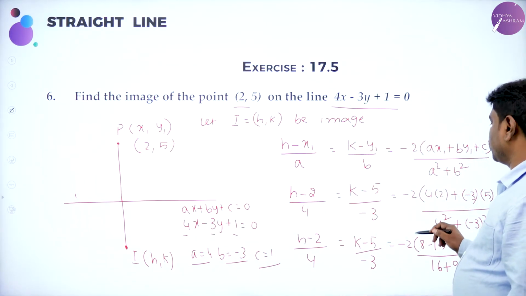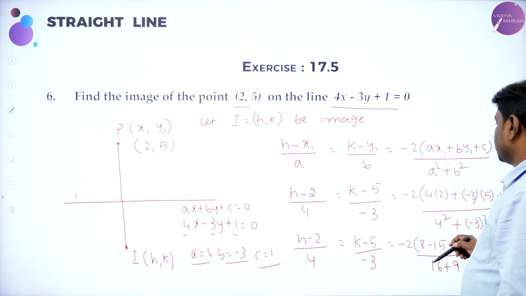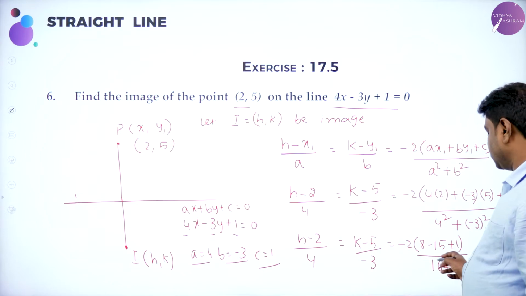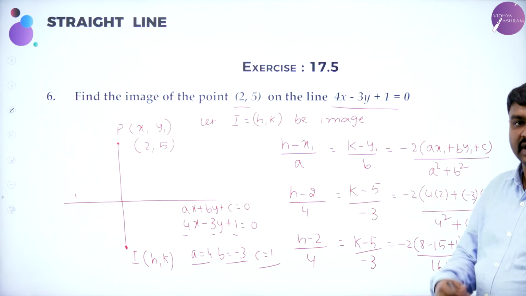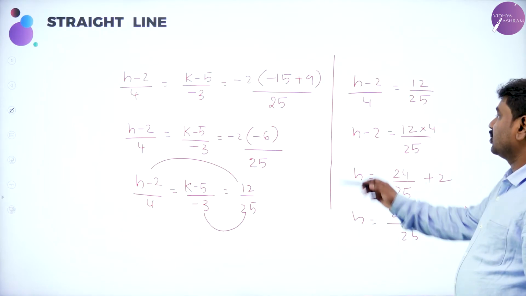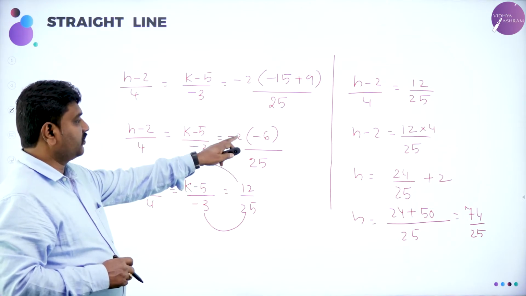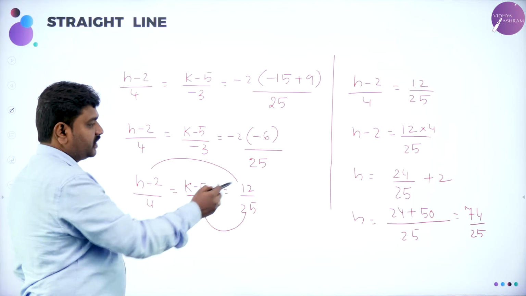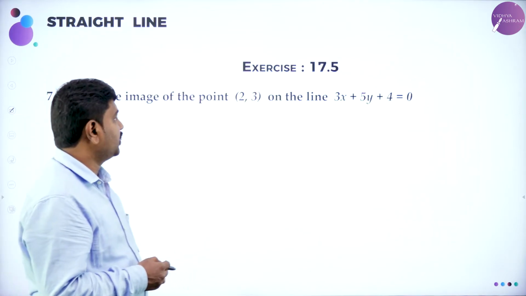So 4 into 2, 8, then minus 3 into 5, minus 15, then 1. So we'll get 9 minus 15. The denominator will be 4 square plus minus 3 the whole square, that is 16 plus 9, 25. So minus 6 becomes plus 12, 12 by 25. On the LHS, equate the first term and last and you will get h, and then equate the others and you will get k. This is how we can find the image.